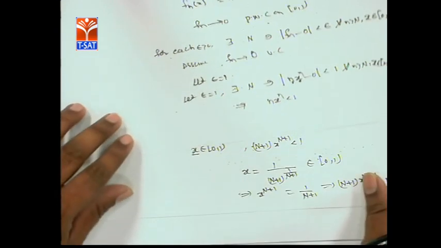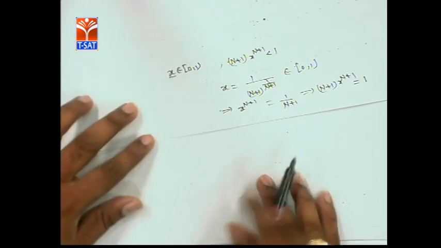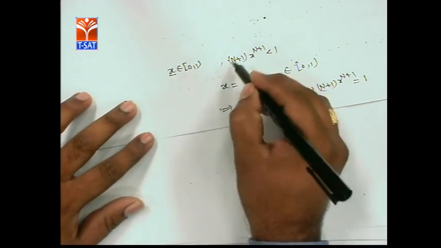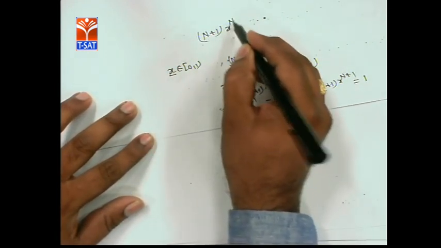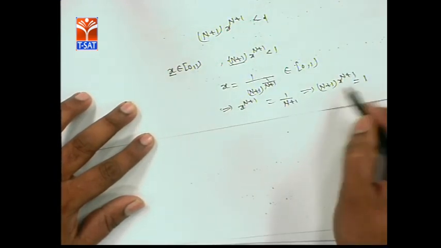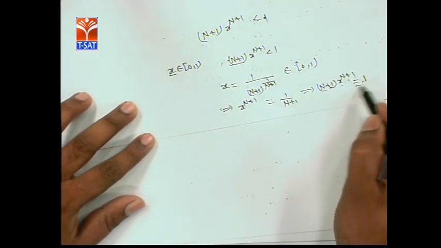but here N plus 1 into x to the power of N plus 1 is less than 1 was required. Here N plus 1 into x to the power of N is equal to 1.